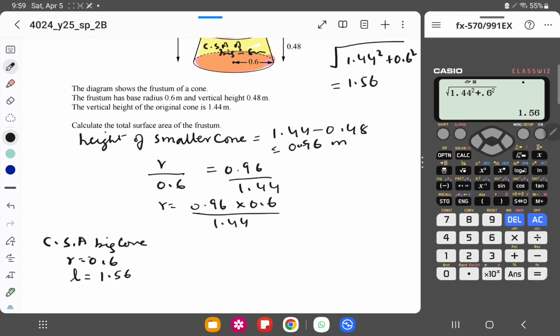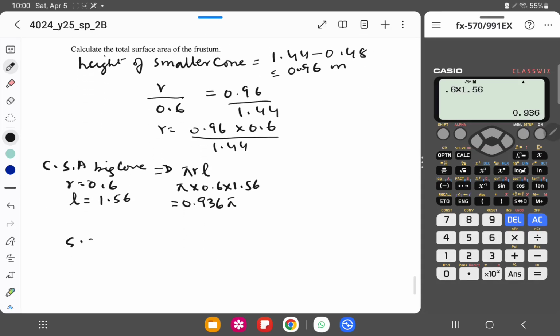Now pi RL, pi into 0.6 into 1.56. For easier calculation, just keep your answer in terms of pi. That is 0.936 pi. Now come to the curved surface area of the smaller cone.